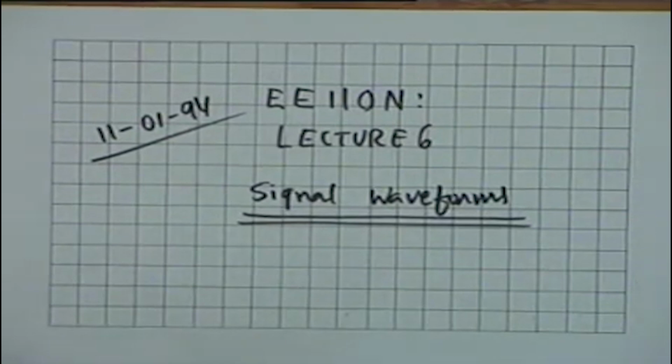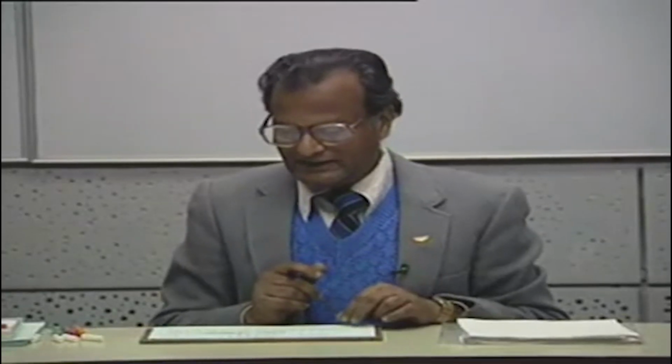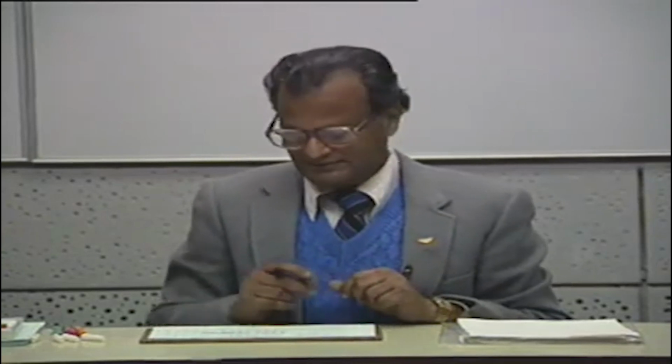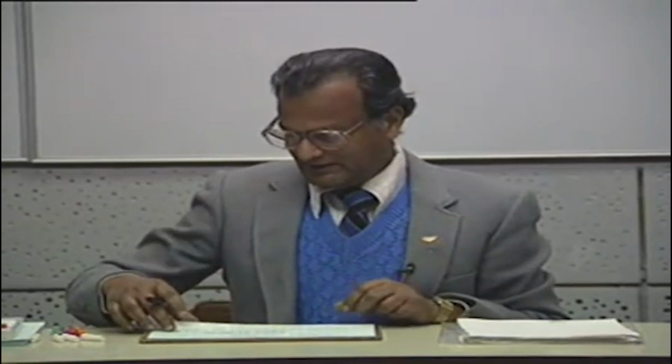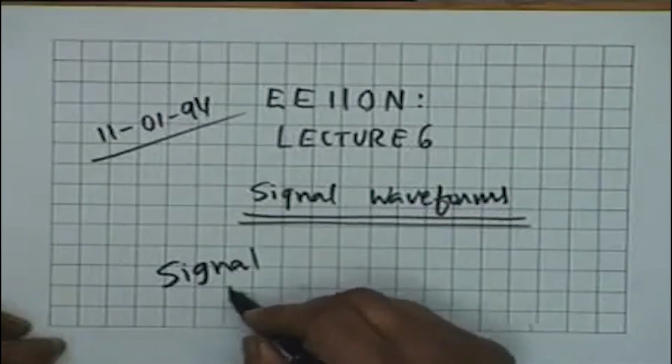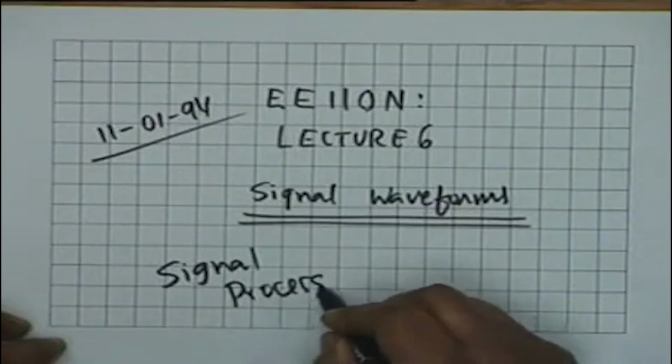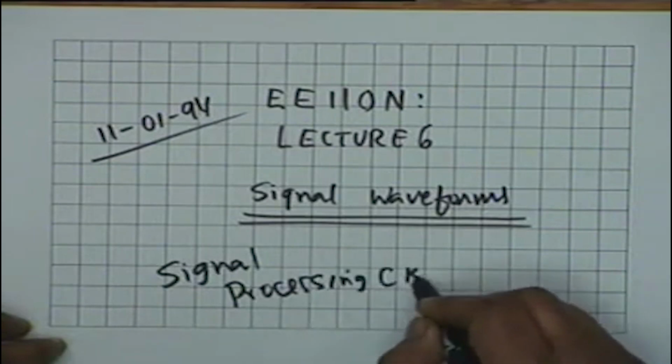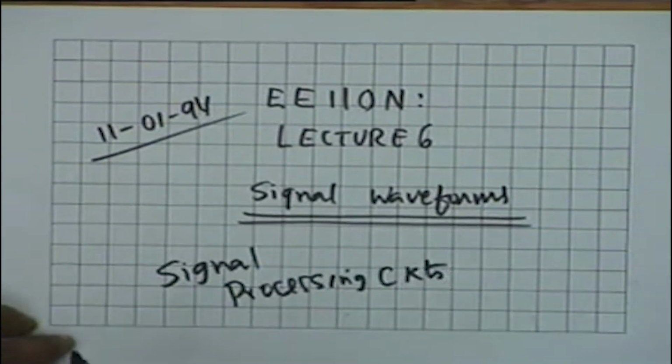What we are going to discuss today are the various kinds of signals that arise in electronic circuits. And the general topic is signal processing circuits. As part of this general topic, we shall first discuss some of the signal waveforms.